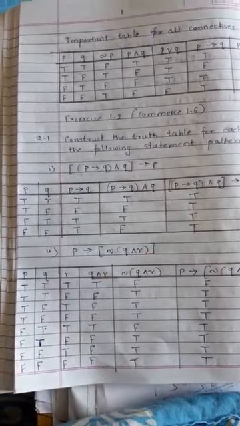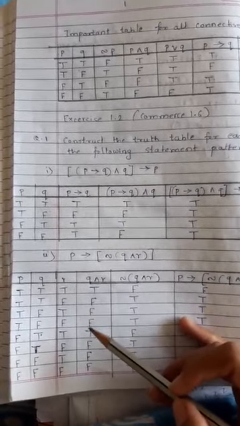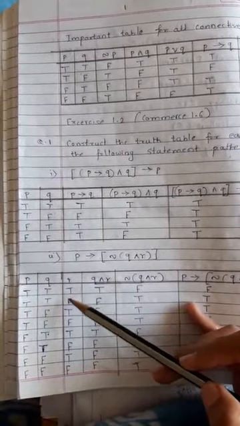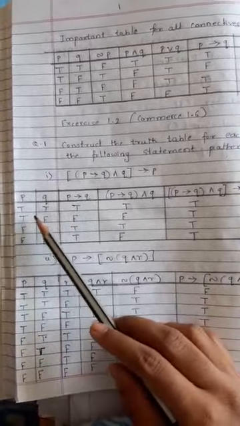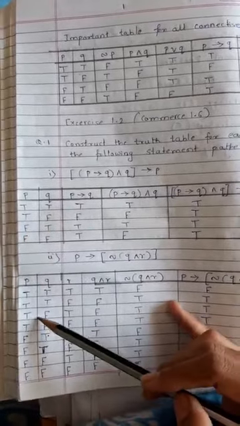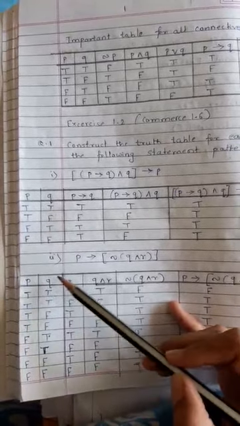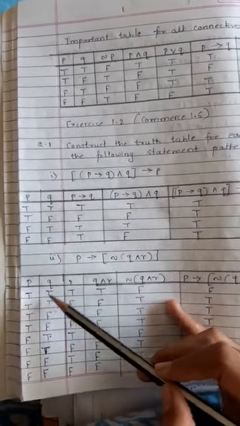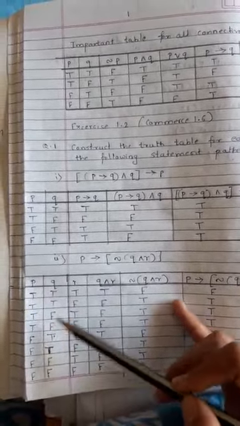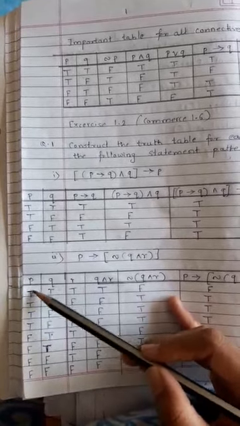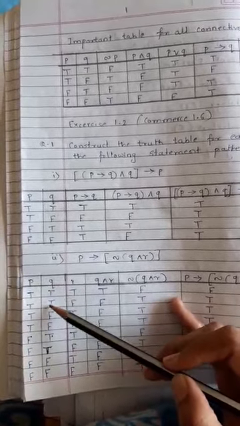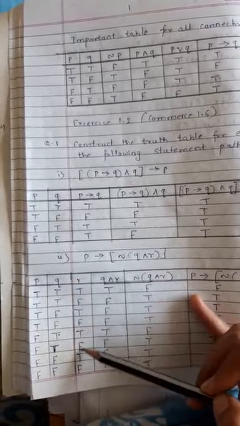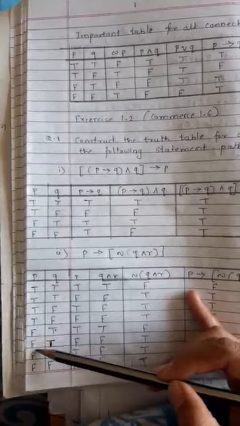These P, Q, R columns are permanent in all such problems, like P and Q were permanent in the previous one. So when three statements are there, you have P, Q, R like this: first T, T, T, T, F, F, F, F, then T, T, F, F, T, T, F, F, and then T, F, T, F, T, F, T, F. So 8 entries are there.